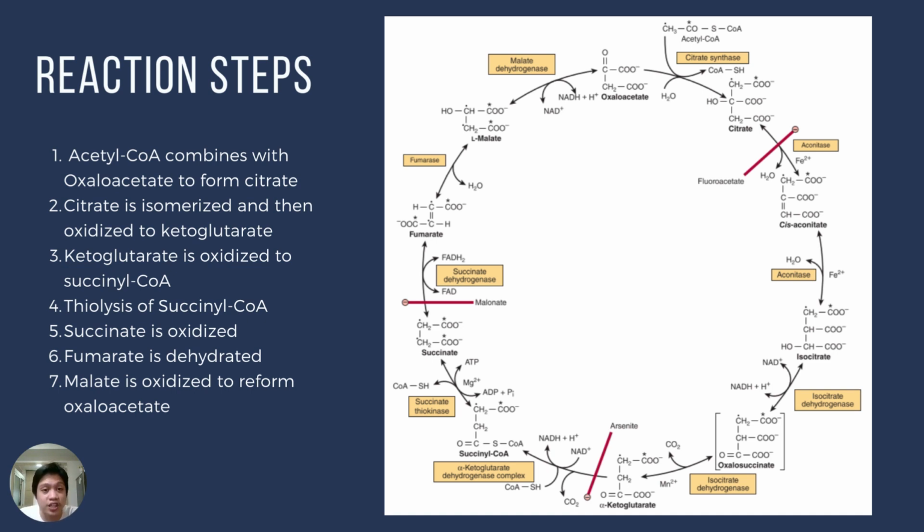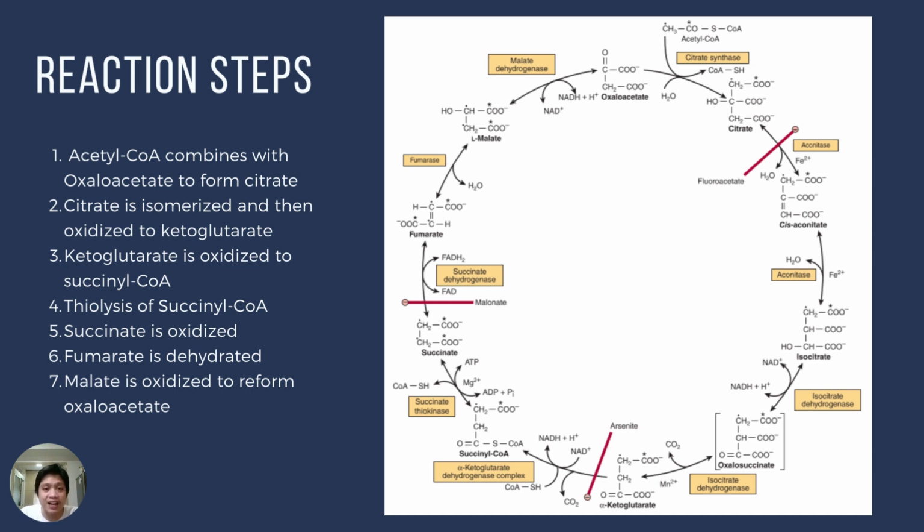The end product of this stage will be fumarate with that structure. There's a central double bond between the two carbons, and each central carbon will hold 1 carboxyl group or COO. And then fumarate will be hydrated at the central double bond to form malate.